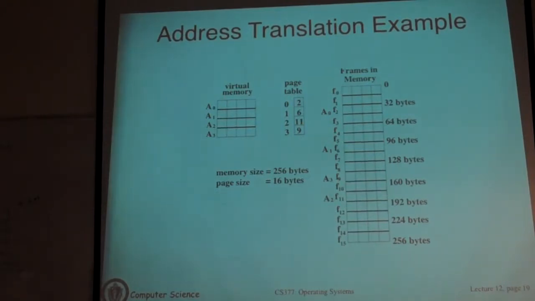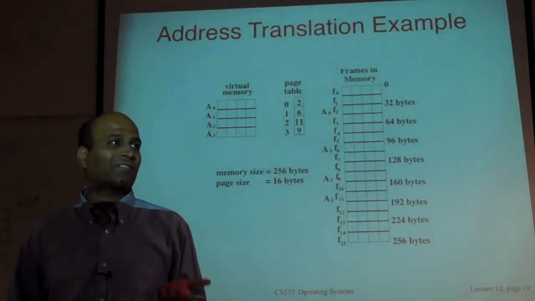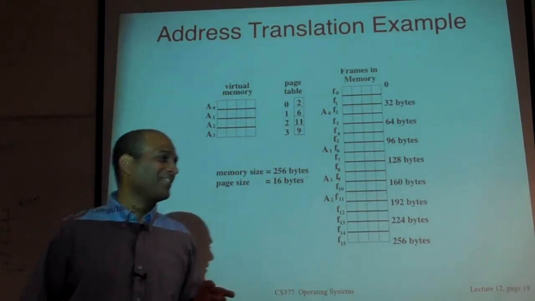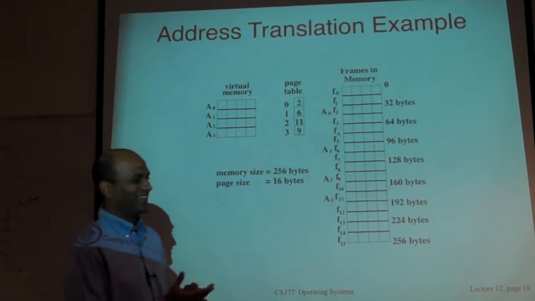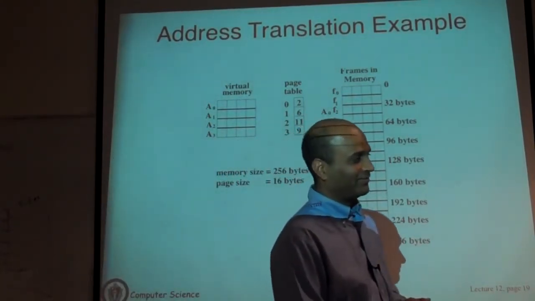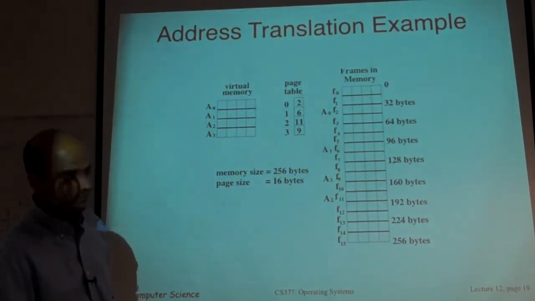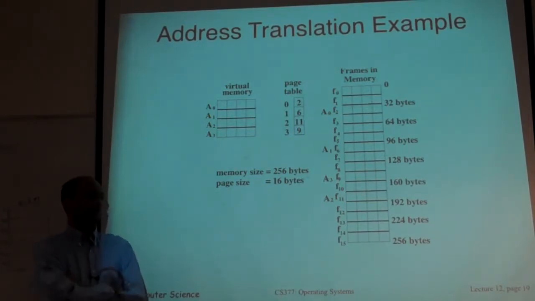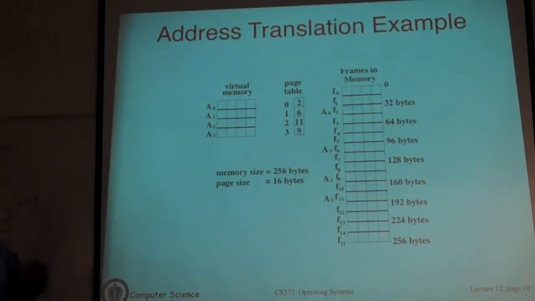So 24 over 16, integer division, is 1. So the page number is 0001, and then the second part, which should be 8, is 1000. Let me explain that without the bits because it's simpler.